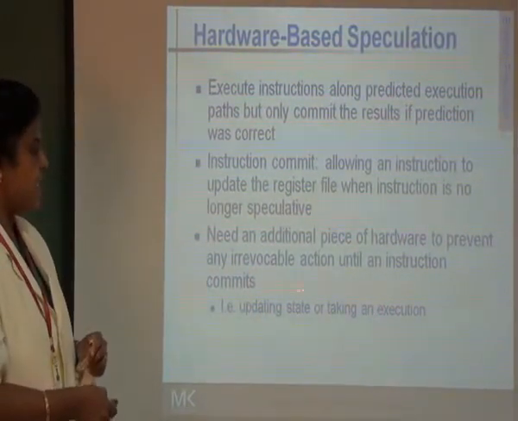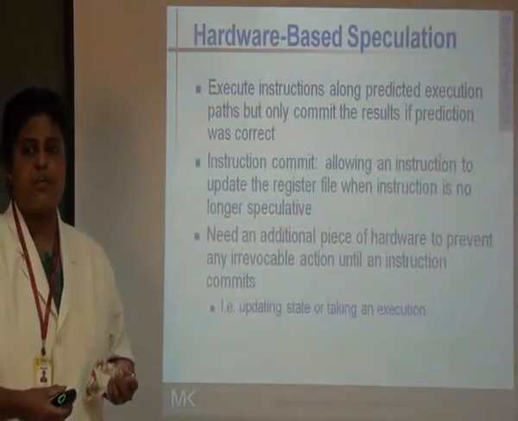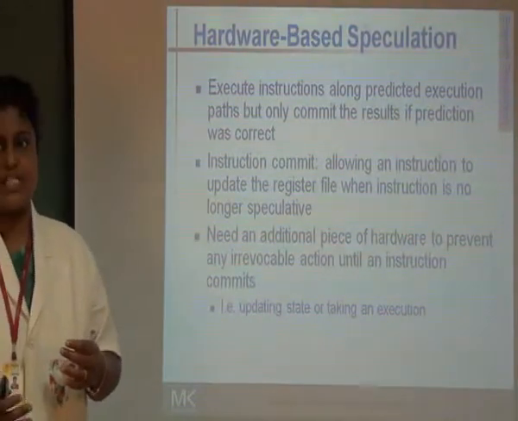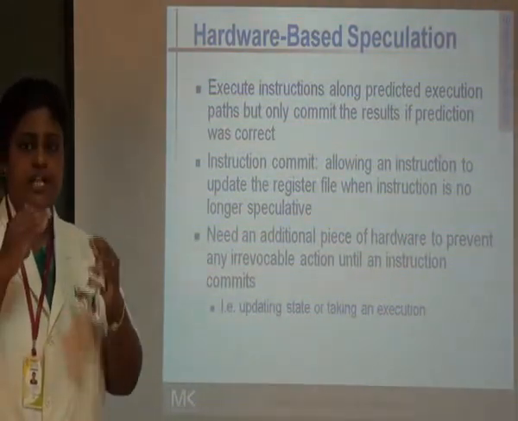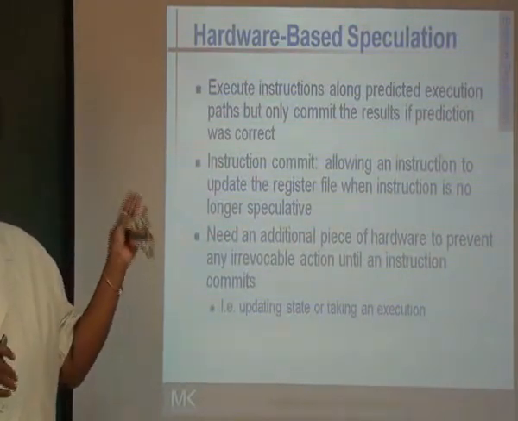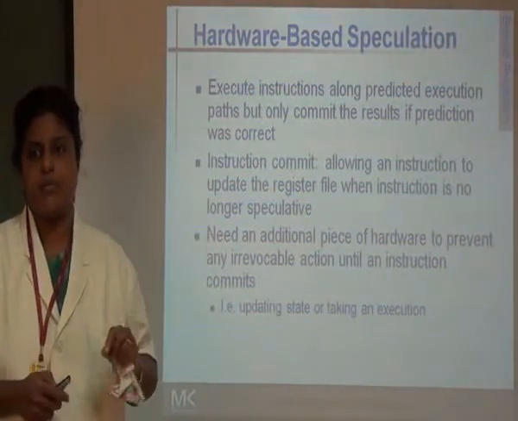Updating the state or taking an execution path is always an irrevocable action, because it cannot be revoked or changed once again. So we must have an additional hardware unit inside the processor if we go for speculation, because we have to avoid this irrevocable operation.